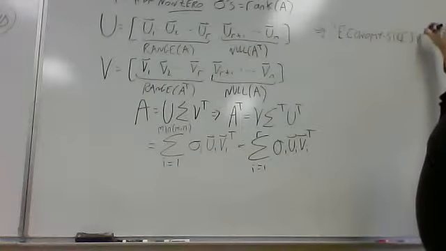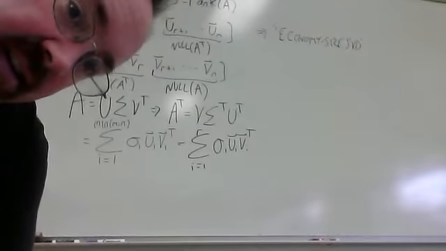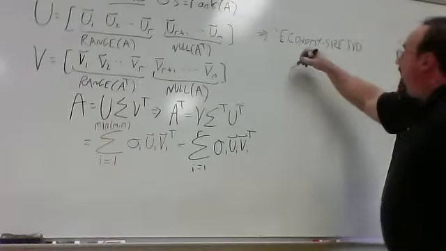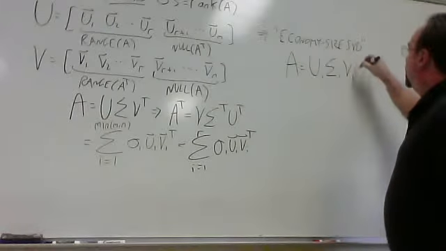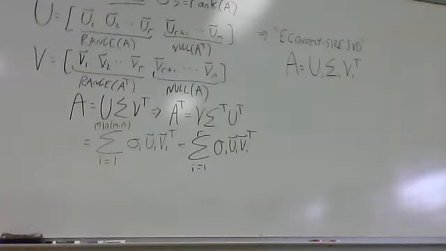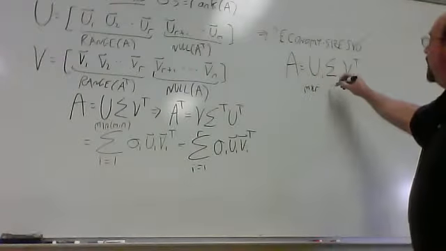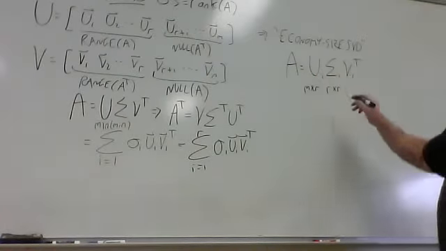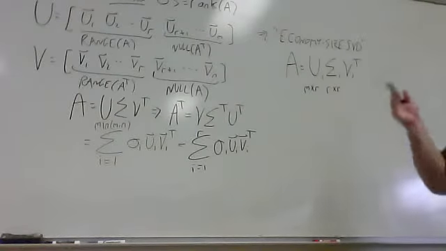economy size SVD. Where A is, I'm going to write it slightly differently, is U1, sigma 1, V1 transpose, where U1 is m by r, sigma 1 is r by r, so a square matrix having only the r non-zero singular values along the diagonal.